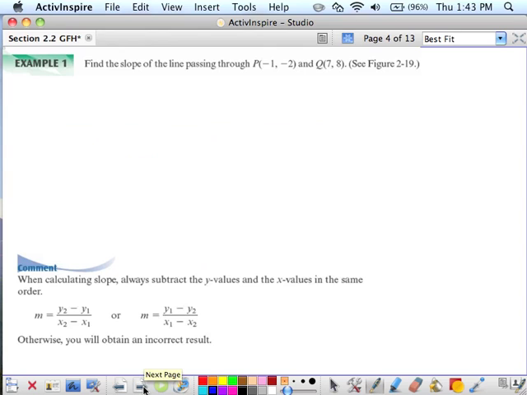In our first example, we just want to find the slope passing through the point -1, -2, and the point 7, 8.